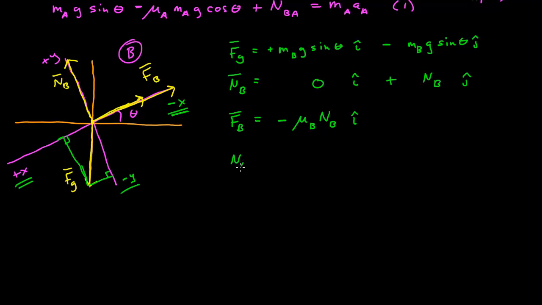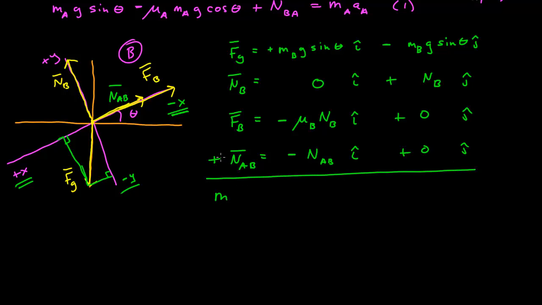And so then I have the normal force of A on B, which was right here, also in the negative x direction. So the entire magnitude in the x, plus 0, plus 0.